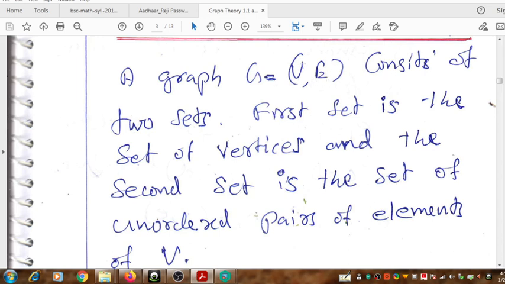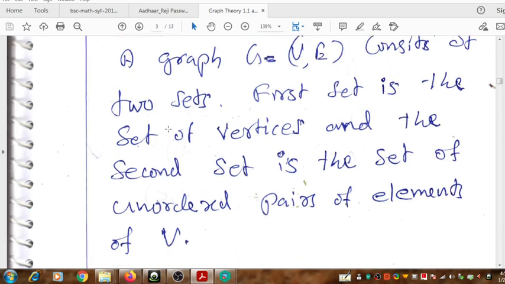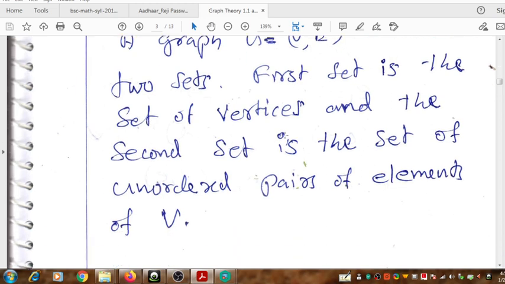The first set is the set of vertices and the second set is the set of unordered pairs of elements of V. Look at this statement: the second set is the set of edges, but it is the set of the unordered pairs of elements of V.